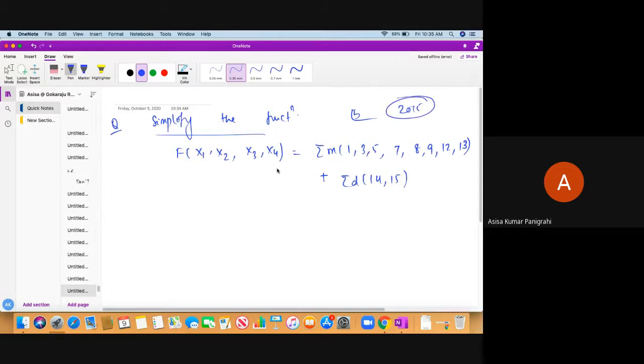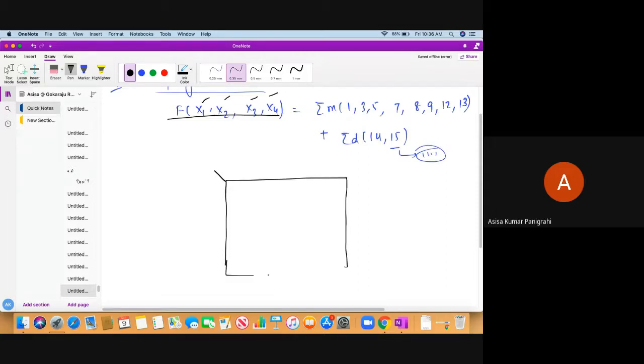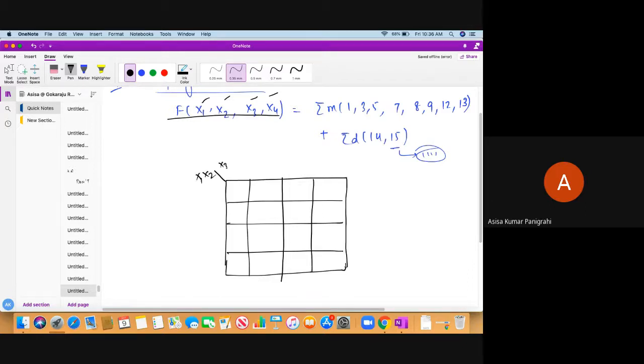So what will you do if the question comes like this? Obviously you need a K-map. How many variables do we need? 15 can be represented as 1 1 1 1, so we need a 4 variable K-map, which has 16 cells, to simplify this function with variables x1, x2, x3, x4. My variables are x1, x2 on one side and x3, x4 on the other.